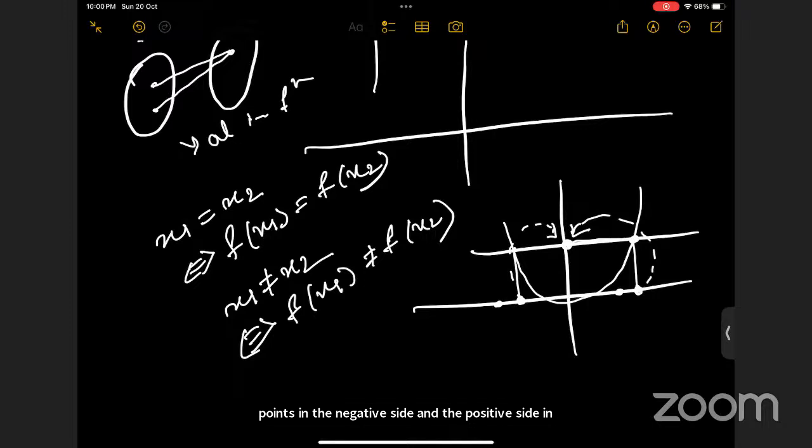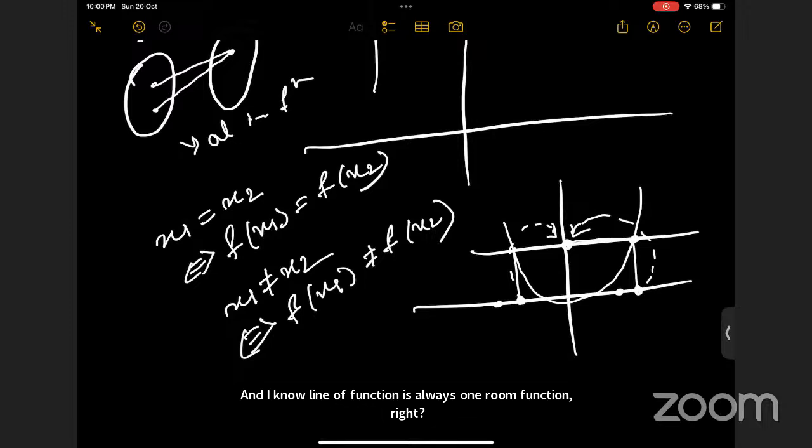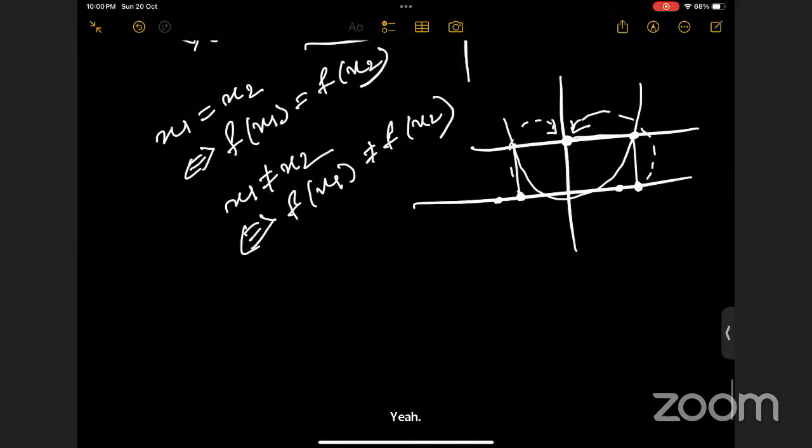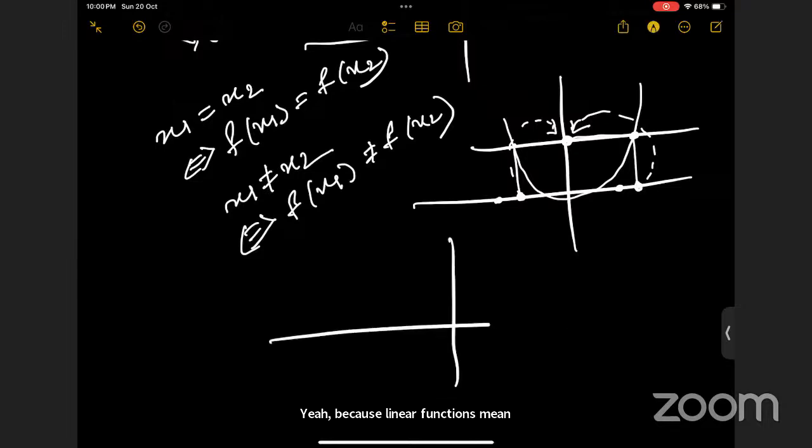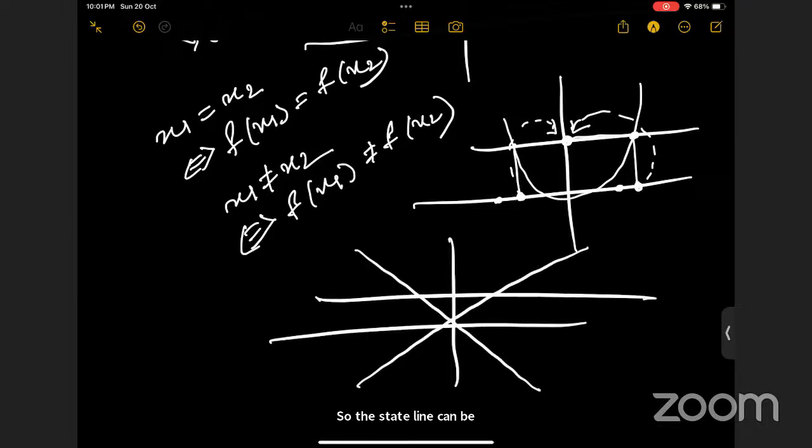And a linear function is always a one-one function, right? Yes, we can say it now, because a linear function means it will be a straight line, and the straight line can be like that, it can be like that, it can be like that.